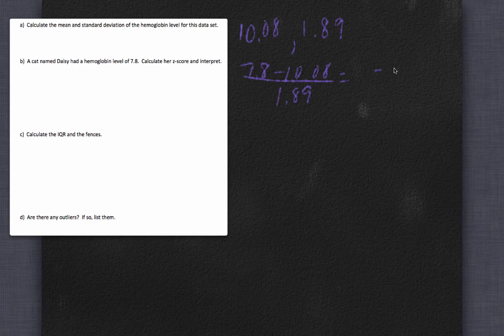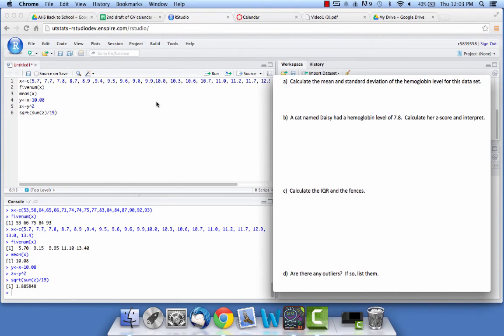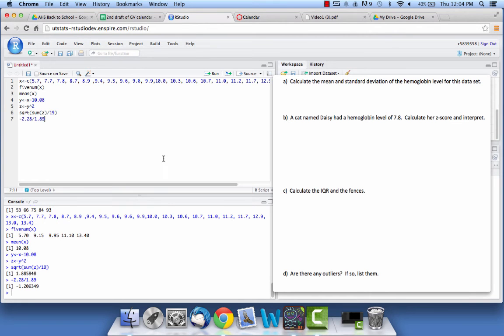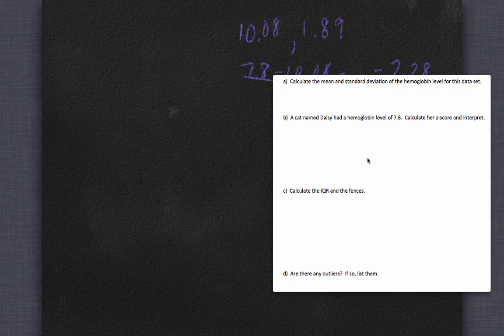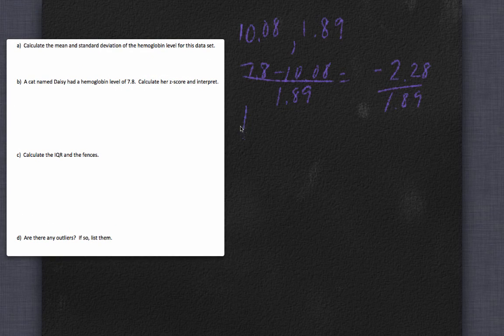That gives negative 1.2, and that just means she was 1.2 standard deviations below the mean. The IQR was 1.95.